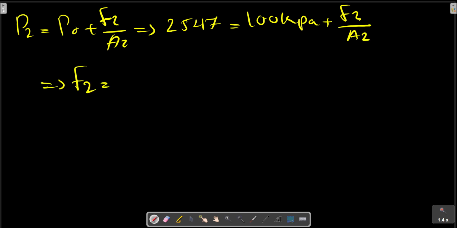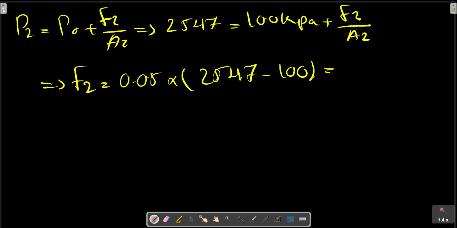So F2 equals P2 multiplied by that, and we can calculate it, and it is in kilonewton, which is about 5 times greater than F1, the mechanism of a hydraulic accelerator.